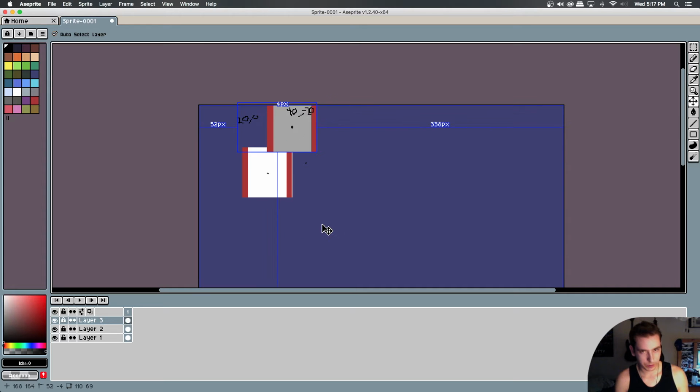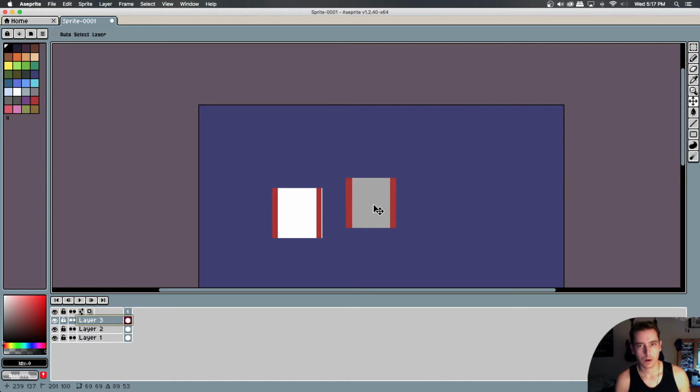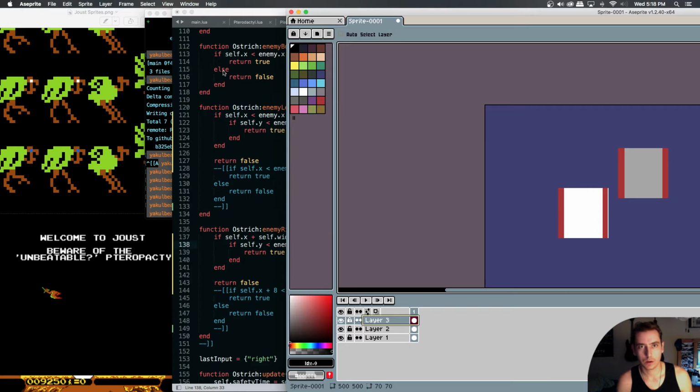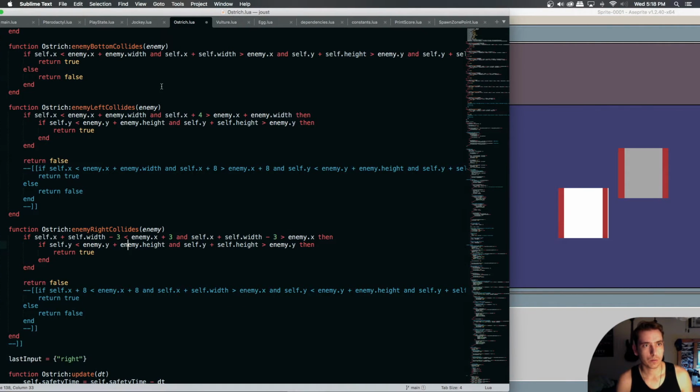So if we look at the collision detection we're trying to do and failing right now, we need to check if the rightmost side of our ostrich bounding box, which we can walk through. Let's see. So for an enemy, let's do right collides first.